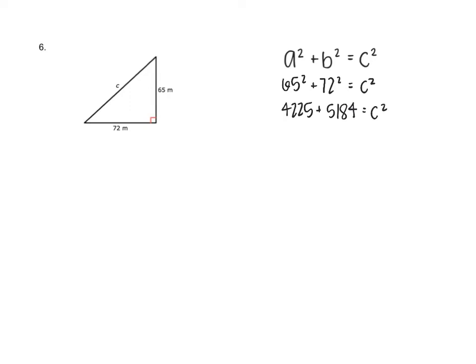I add those two values together and get 9,409. We don't want c squared, we want c on its own, so we need to remember to square root this value. And when I do that, I get 97 equals c.